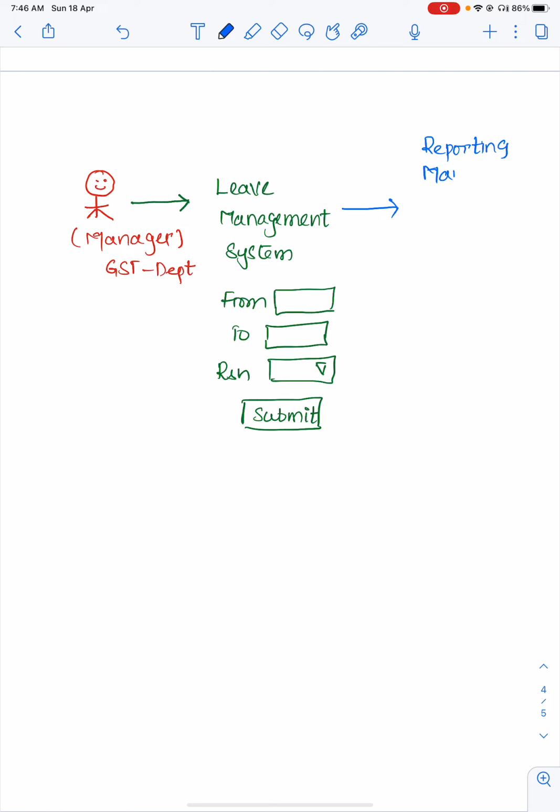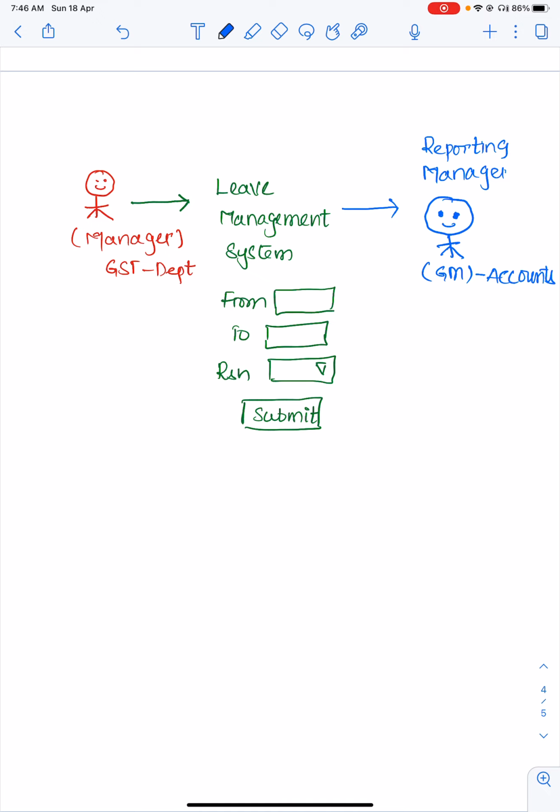Let us assume he is the general manager, accounts. His reporting manager is the general manager of taxation and accounts.